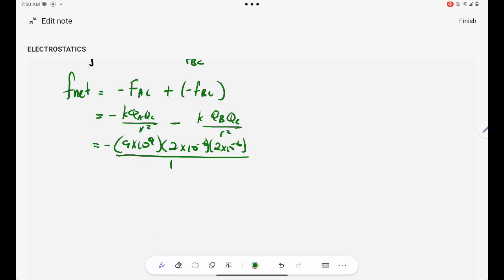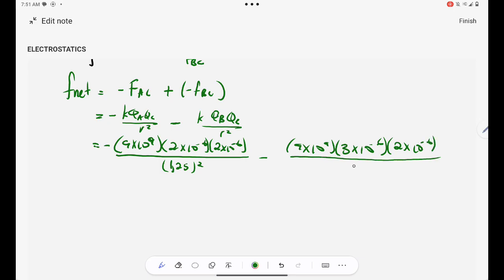We'll end up getting 1.25 squared minus 9 times 10 to the power 9. The charge on B is 3 times 10 to the power negative 6. And then the charge on C is just 2 times 10 to the power negative 6. The distance between B and C is just 0.75. So this will give me the resultant force.